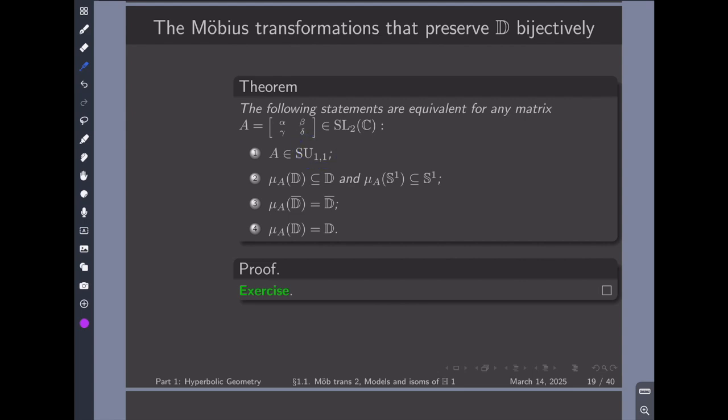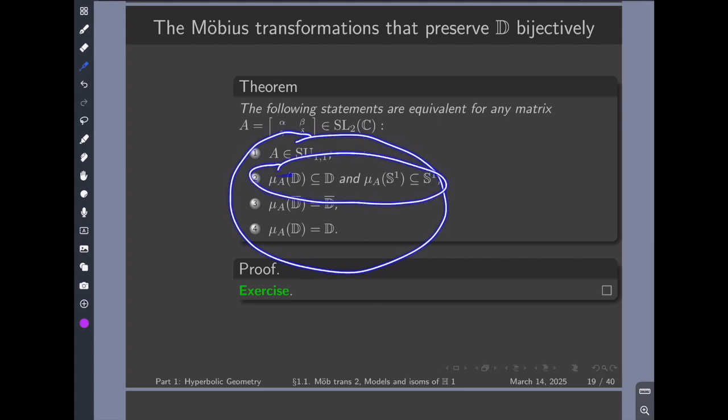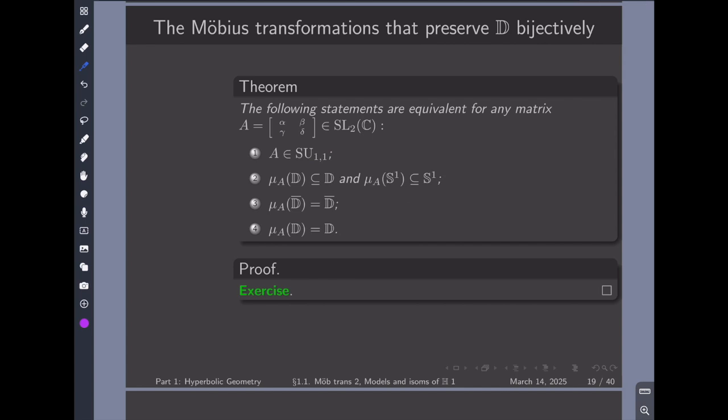The characterization is kind of a copy paste of the equivalent statements that I did for U and R bar, but for D and D bar and its boundary, which in this case is S1.